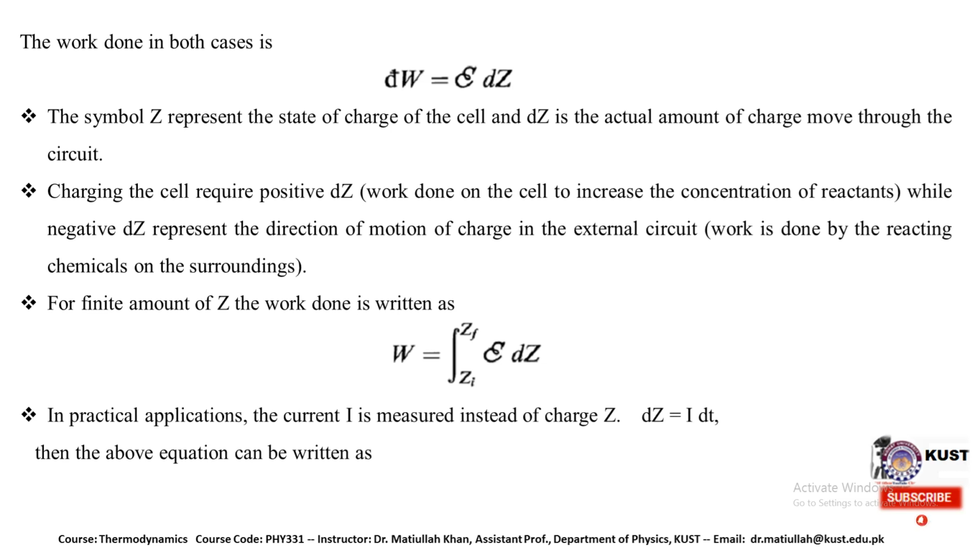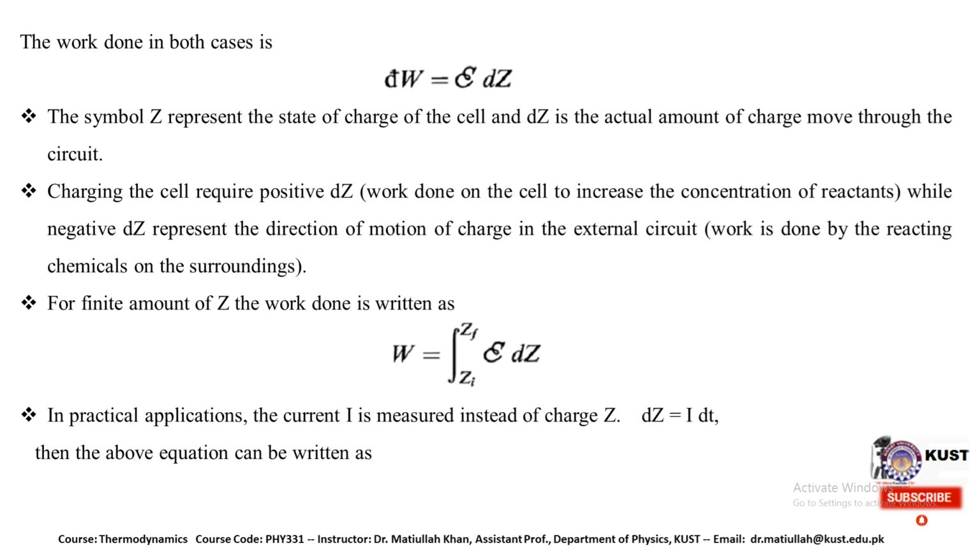So in practical application the current I is measured instead of charge z. In most practical applications we cannot see the magnitude of charge in a system directly, otherwise we measure it with the help of some other physical quantity, that is the current.